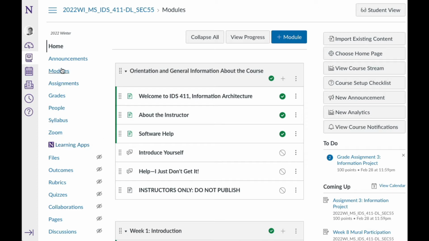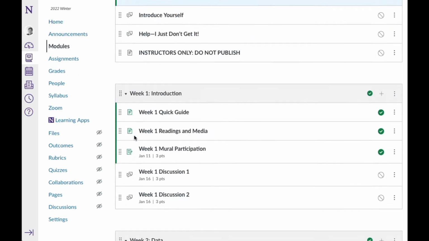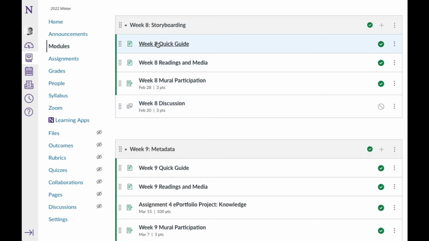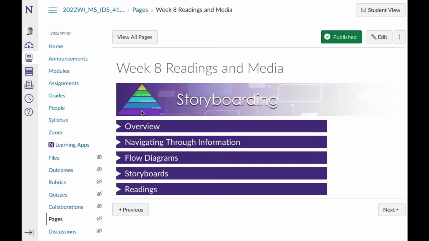You can also start to look at, we're going to learn a couple of new techniques to talk about how people interact this week, which is going to be in our week 8 storyboarding, readings and media. So I'm going to tell you a little bit about some ways of how you show people navigating, and the purpose of this exercise is to give you enough of the fundamentals of information architecture so that you can use those to look at something else for the final.